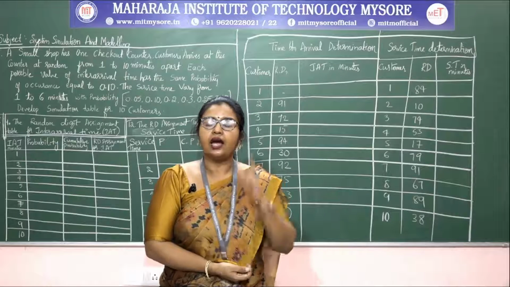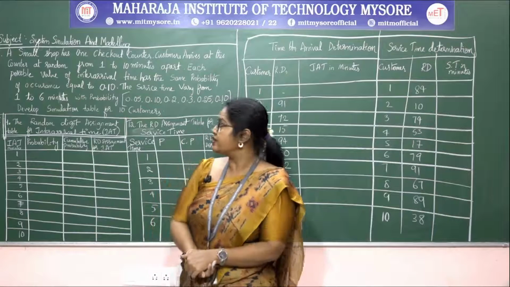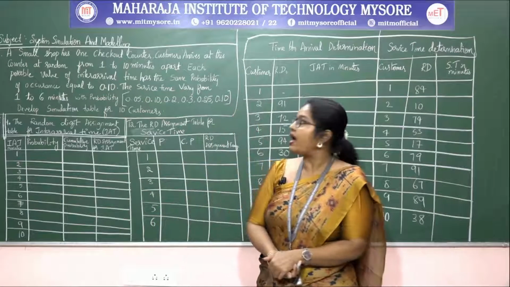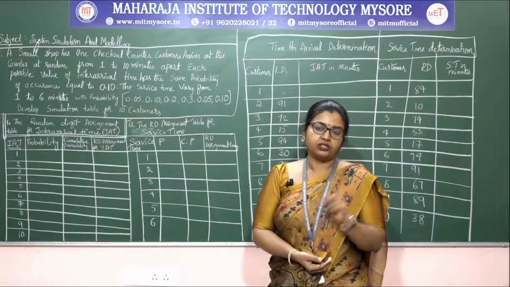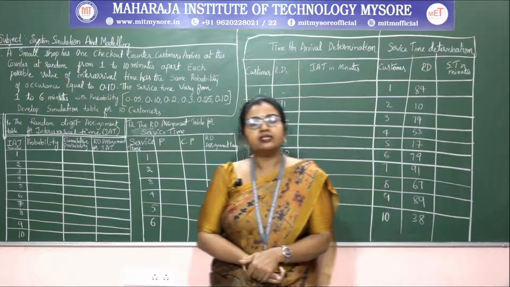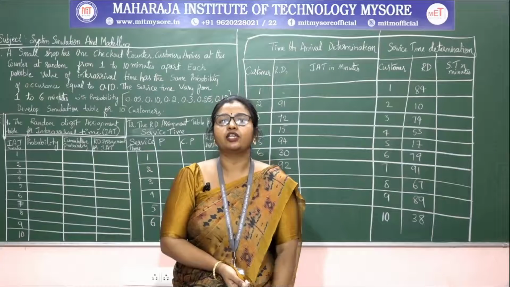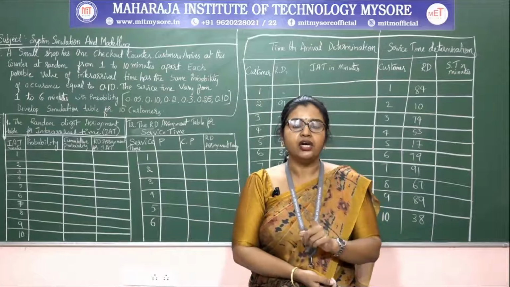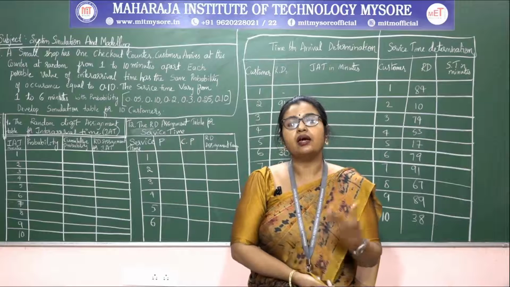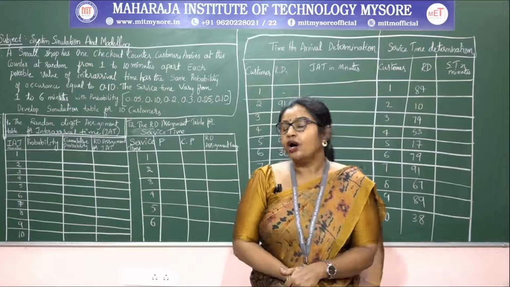So here, as the first statement indicates, a small shop has one checkout counter. That means this is the example for a single channel queue. You have only one checkout counter that serves as the server.